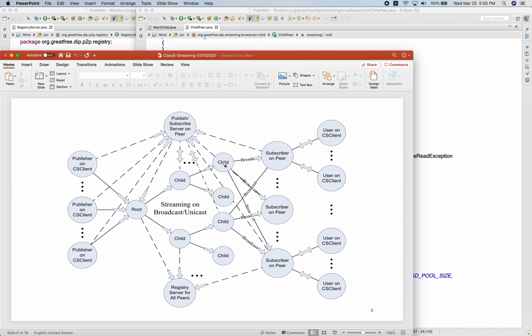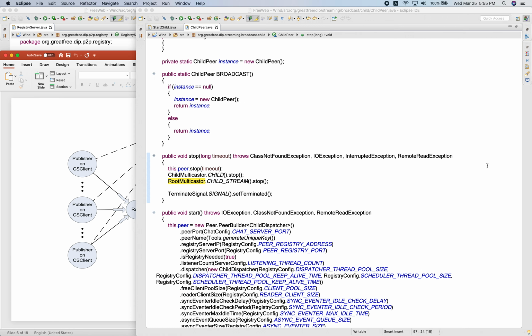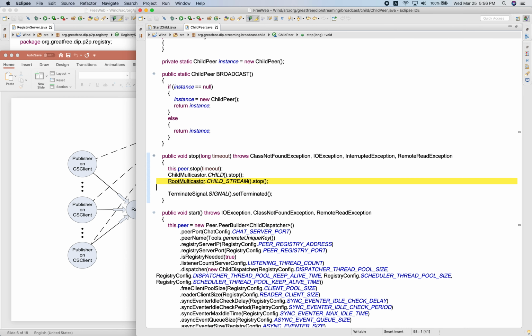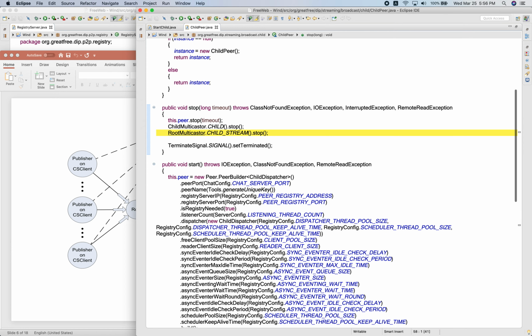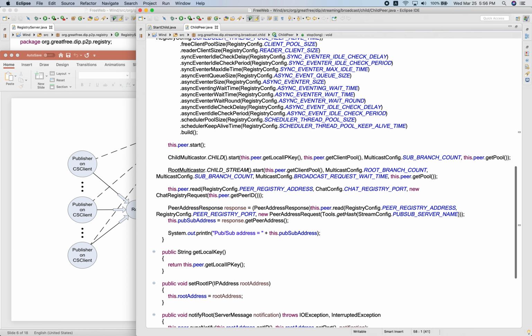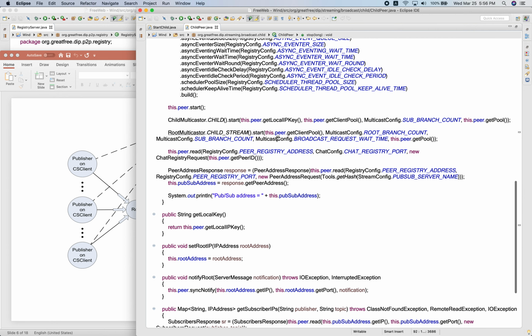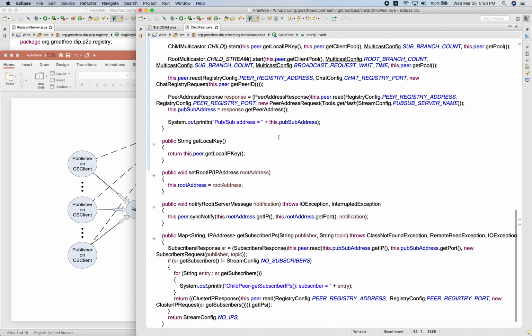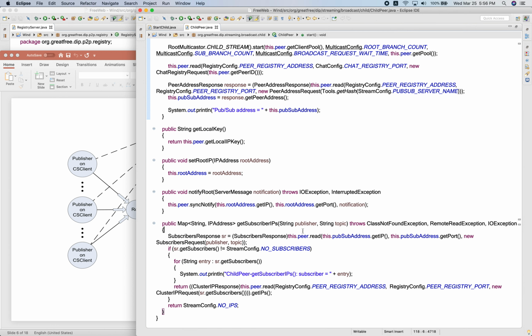If this child is selected randomly, then this child is responsible for broadcasting between itself and the subscribers. So we need to define this one. This is straightforward and not difficult to understand, right? So we need to perform initialization. This code should be easy to understand, right?